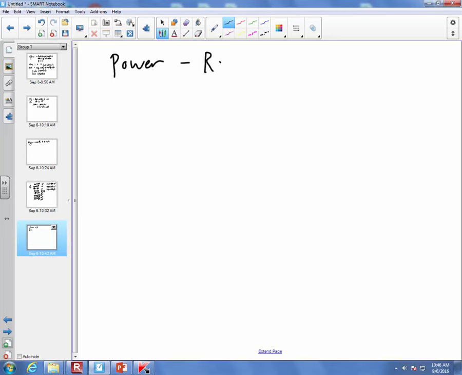Power, we say, is the rate. You could say this a few different ways: the rate of energy consumption, the rate of energy use, the rate of energy conversion. I'll use conversion. If I say conversion, you understand that means turning chemical energy into physical energy, or light into electricity.